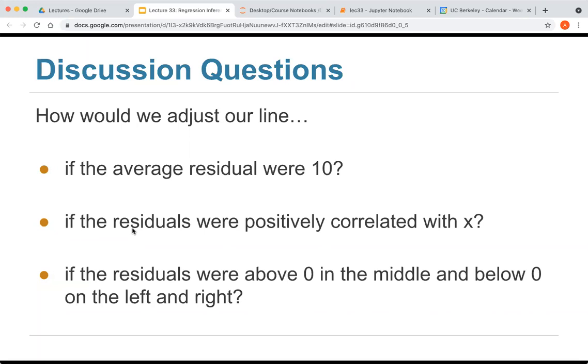And a trend in a residual plot is flat out impossible. It's not that the regression is bad, it's that the regression is wrong, that you actually made a calculation error. Okay, now, if the residuals were above 0 in the middle and below 0 on the left and right, then what should you do?